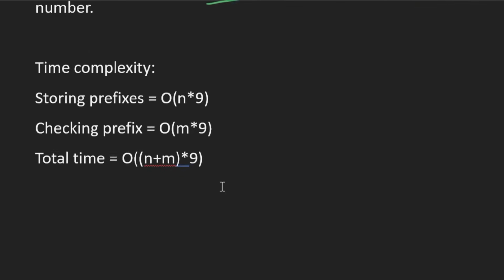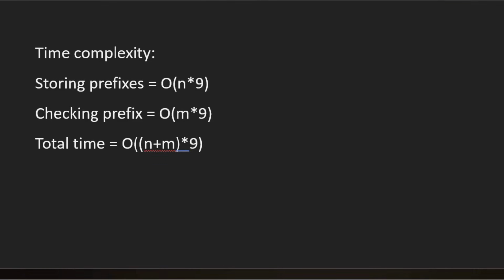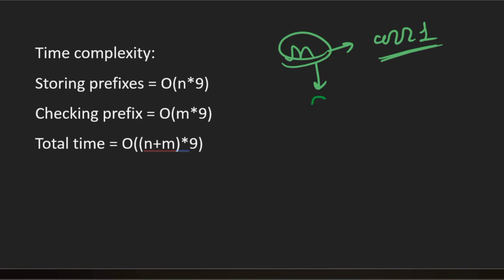So now if we see the time complexity of this approach, let's say n is the length of array 1. So total n numbers, and to find all the prefixes of a number: a number can have at max 9 prefixes, because each number is less than or equal to 10^8, so 9 digits.